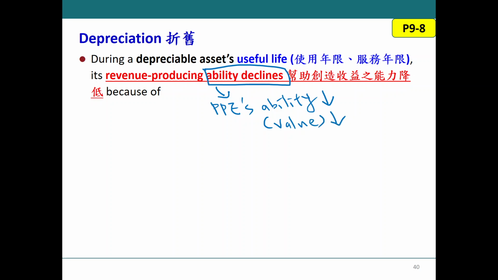Okay, so why do we need to do depreciation? Why do we need to do depreciation? 为什么要提折旧？Because your PPE's ability and value decrease. So we have to do depreciation, 提折旧, to tell them the whole situation. So depreciation, 折旧, wants to tell you that after you use it, your PPE's value and ability decrease.